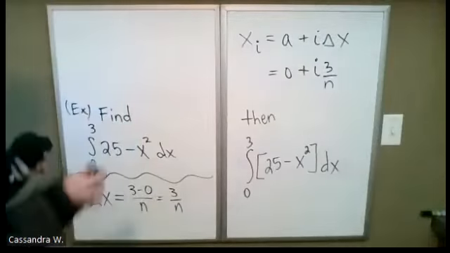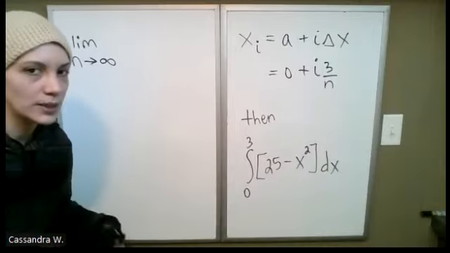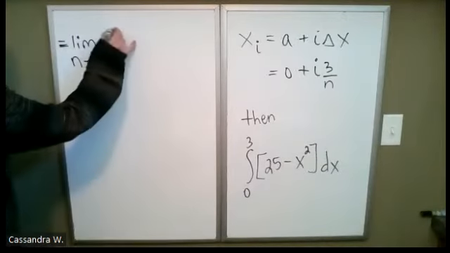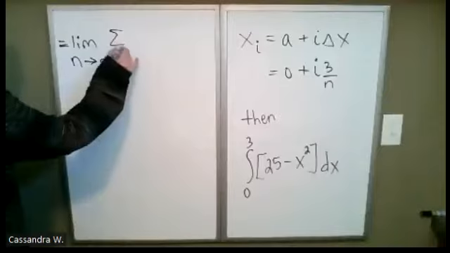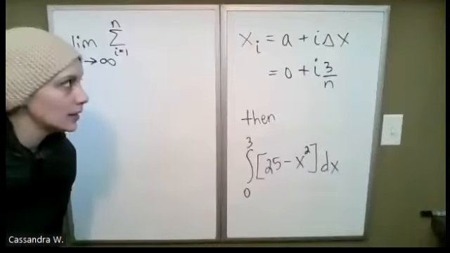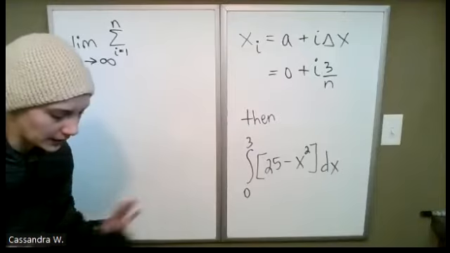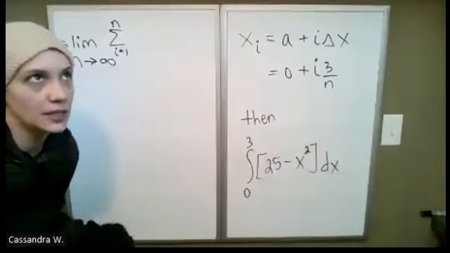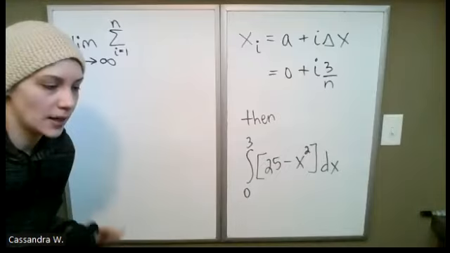All right, let's go into the limit of the sum from i equals 1 to n. We're going to put in the general definition of f of x sub i times delta x.